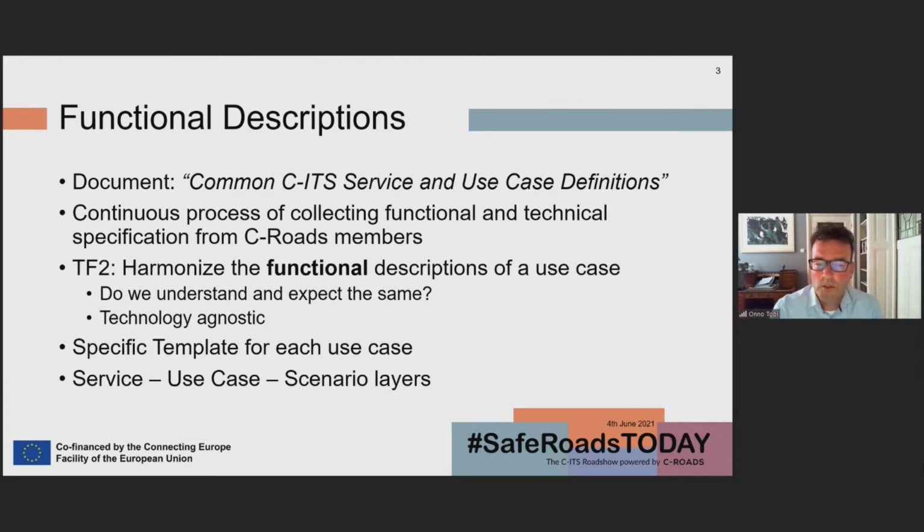The first step is to harmonize the functional descriptions of a use case. Basically, do we understand and expect the same thing that we have implemented? And we do this in this part of the TF2 document in a complete technology agnostic way. So to help us with that, we developed a specific template for each use case that helps us to understand each other and to describe it all in the same way.